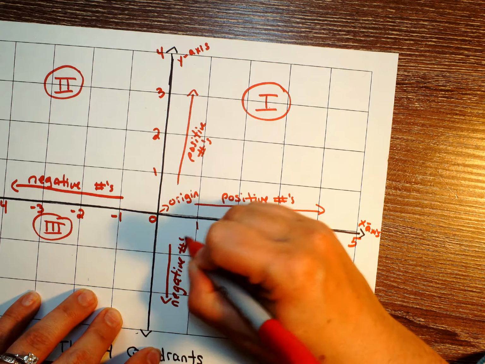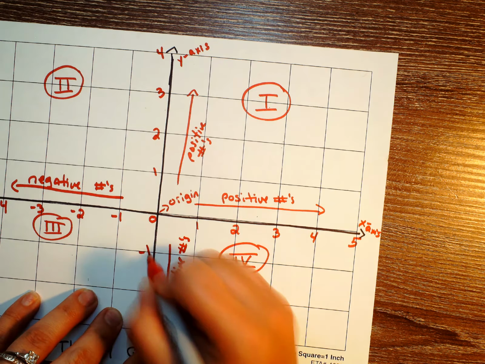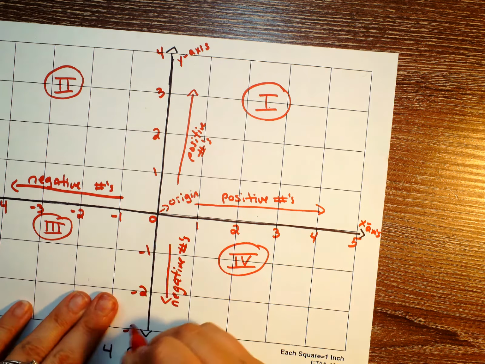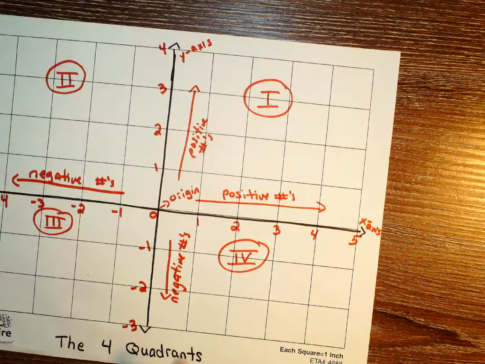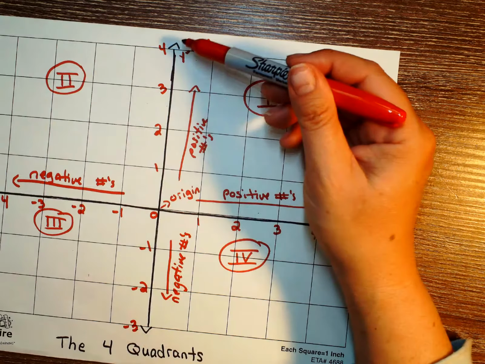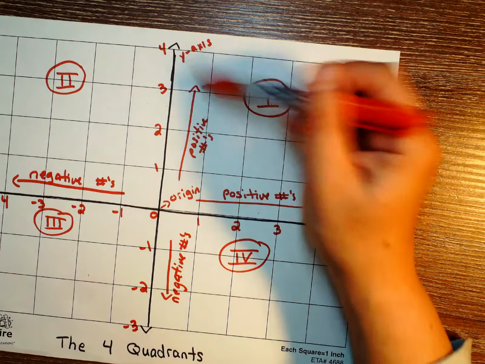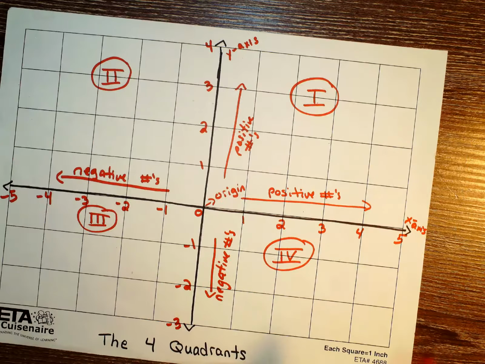I don't have -4 like I have 4 up here because my graph paper isn't long enough, but my arrows continue up, down, right, and left, so underneath this is -4.